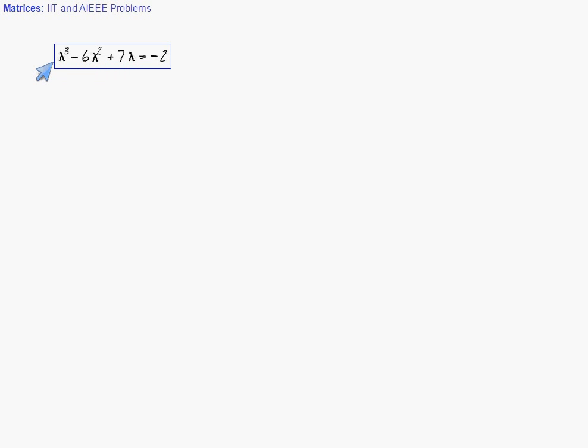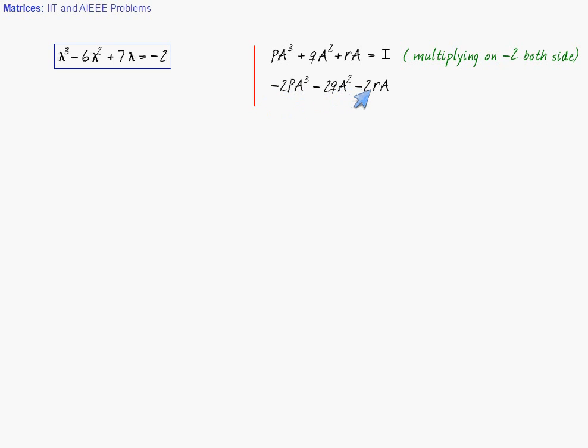Now let's go back to the first relation. The first relation is PA cube plus QA square plus RA equals I. If I simply multiply this by minus 2 on both the sides, I will get minus 2P A cube minus 2Q A square minus 2R A equals minus 2.